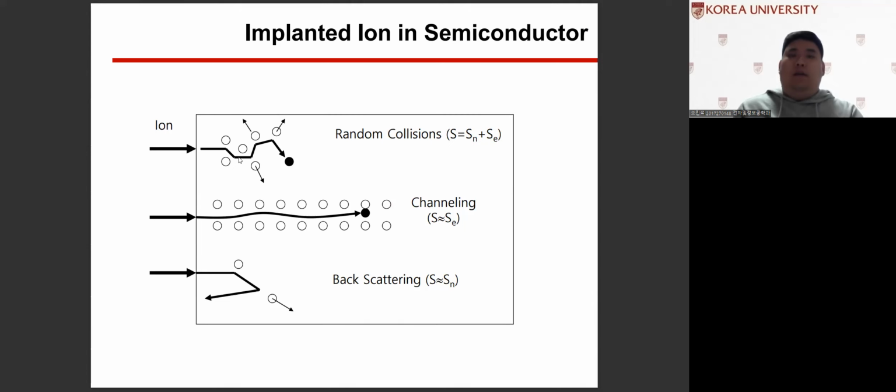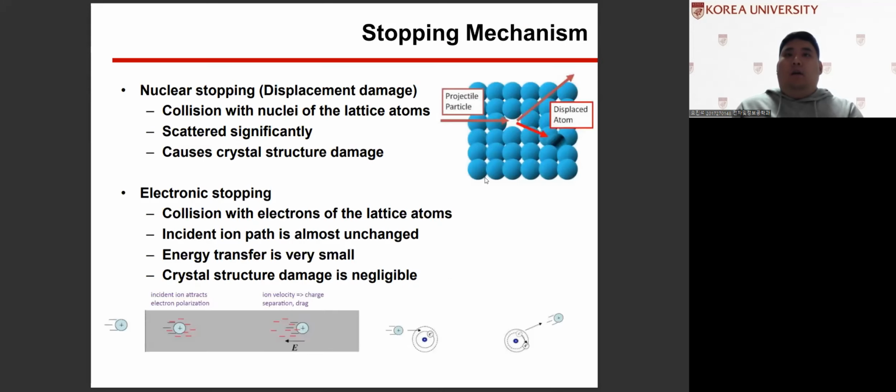When implanting ions, most ions collide with the materials inside and stop. However, some ions can be backscattered by colliding with other atoms, and some ions can be channeled deeply through the crystal. The stopping mechanisms of ions are nuclear stopping and electron stopping.